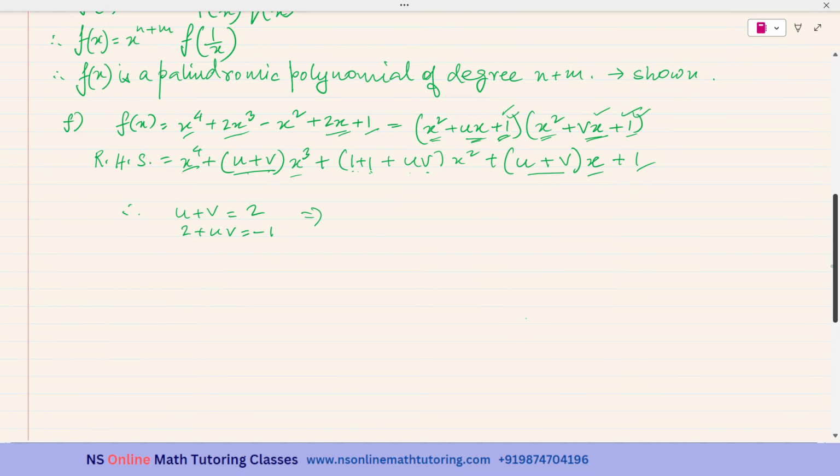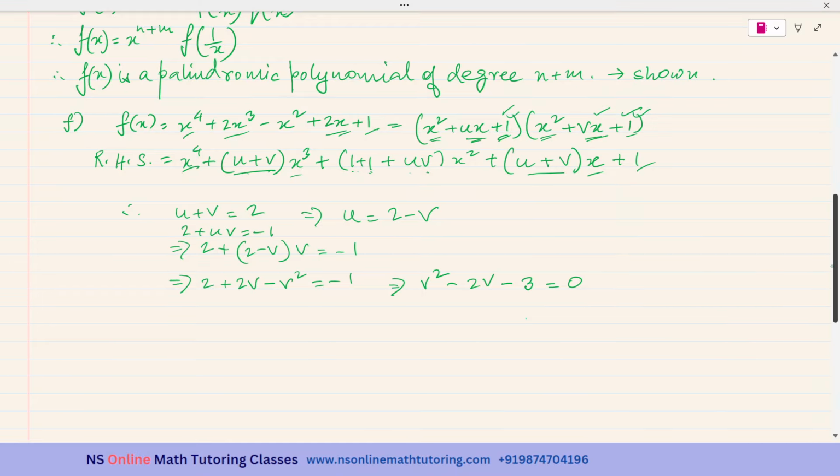So I can write this as, say, u is equal to 2 minus v. So from here, it is 2 plus (2 minus v) times v is equal to negative 1. So 2 plus 2v minus v square equal to negative 1, or I can write this as v square minus 2v minus 3 equal to 0. And I can factorize this.